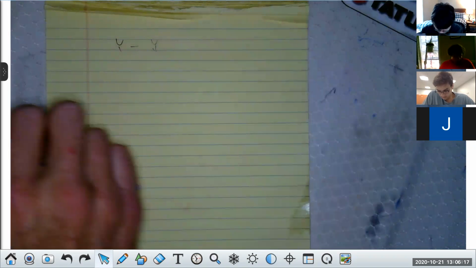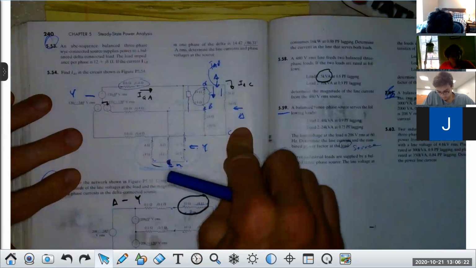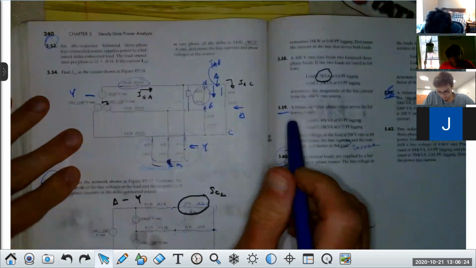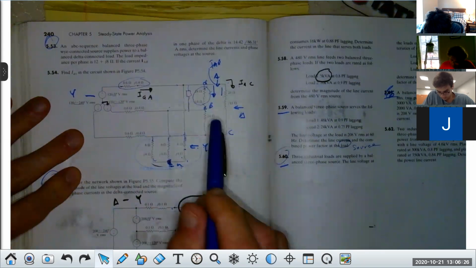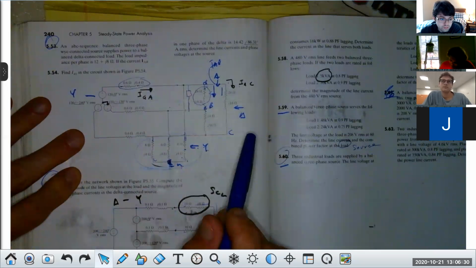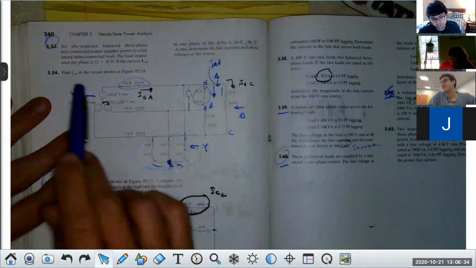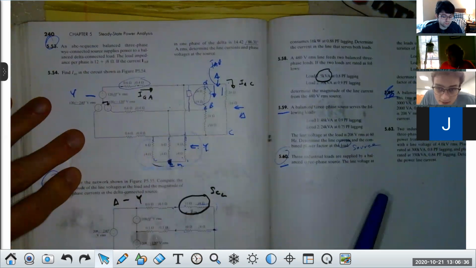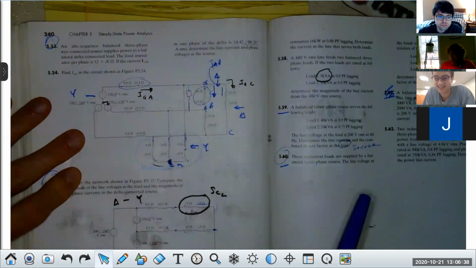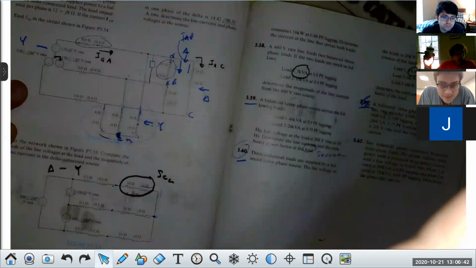Now, that said, this problem, unfortunately, it's a little inked up in this book, is problem 5.54. It's this problem. Can you all see this? Guys, it's inked up, but can you make it out?